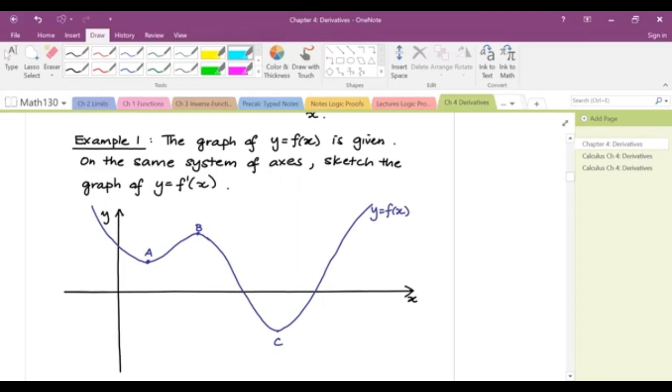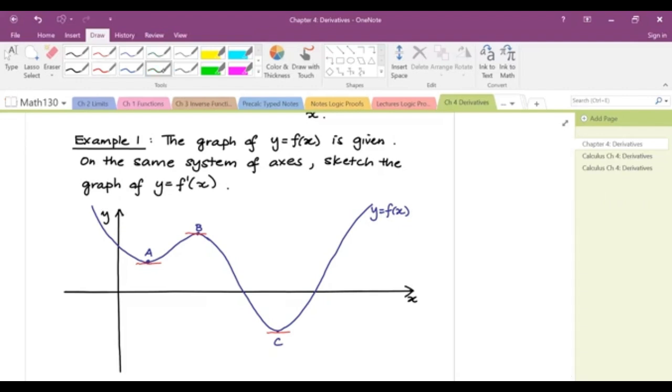But we can use certain pieces of information here to draw a possible derivative. So the first thing I'm going to highlight here is the values where the derivative is equal to 0. That is where the slope of the function f of x is flat, horizontal tangents. So that's where the slope is equal to 0.